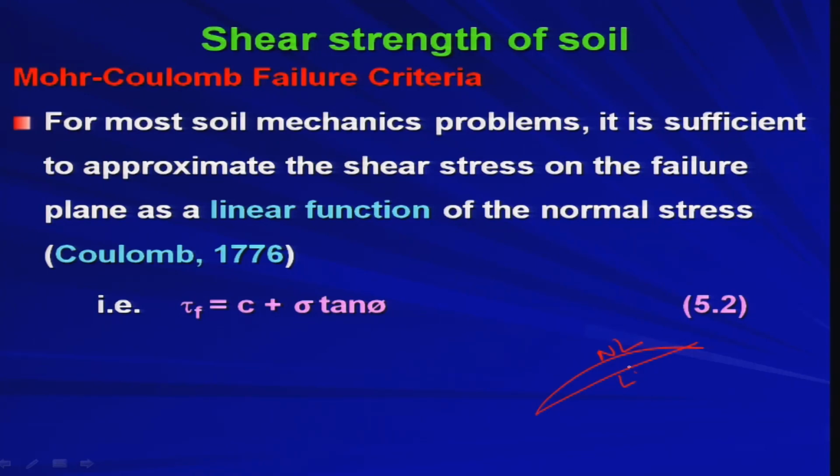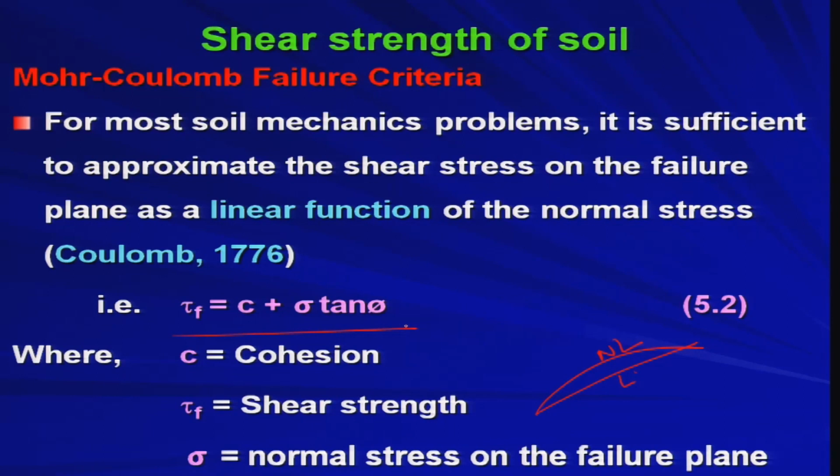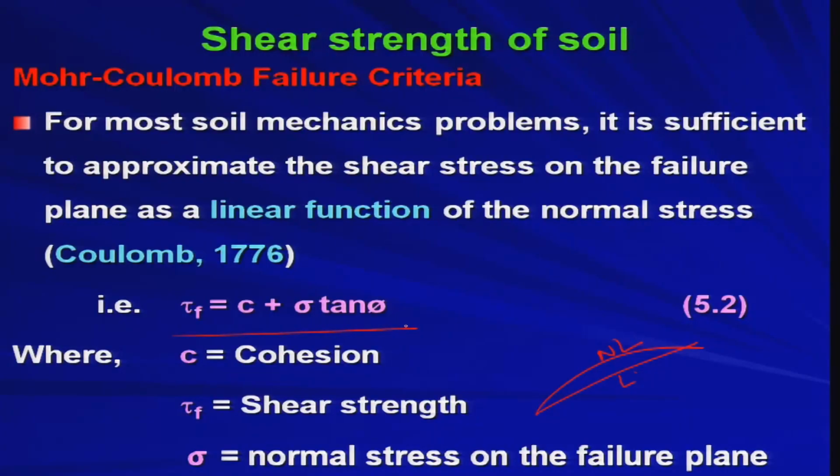Now, this linear failure envelope can be expressed by this expression: tau f is equal to C plus sigma tan phi, where C is known as the cohesion in the soil. Suppose this is grain to grain cohesion. Tau f is the shear strength, that is the inherent limit or inherent strength, and sigma is the normal stress on the failure plane.